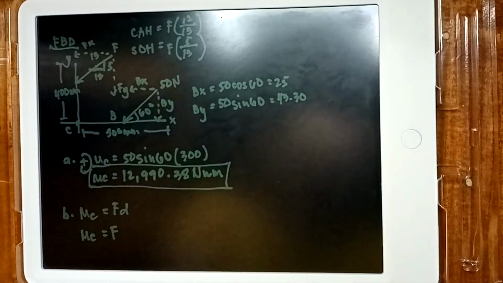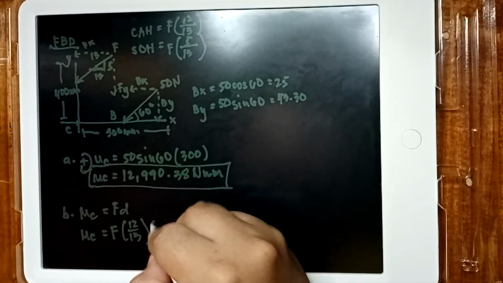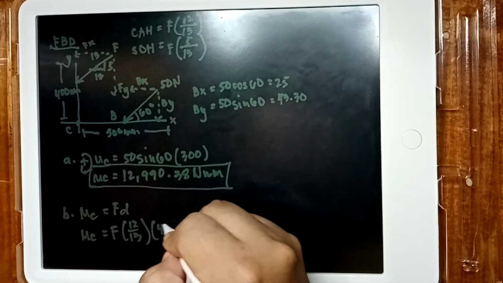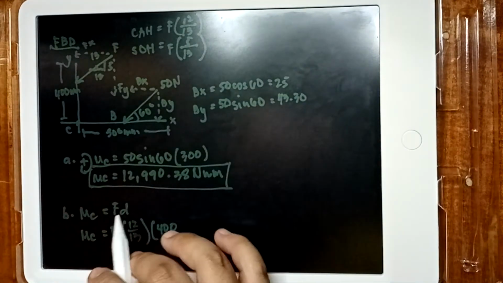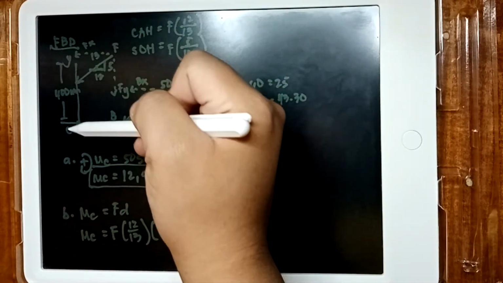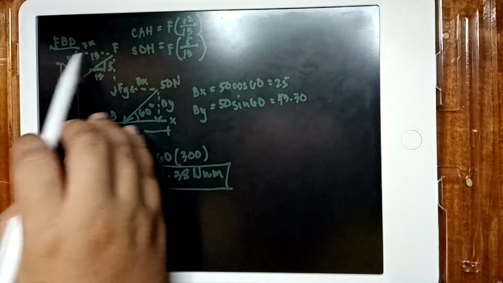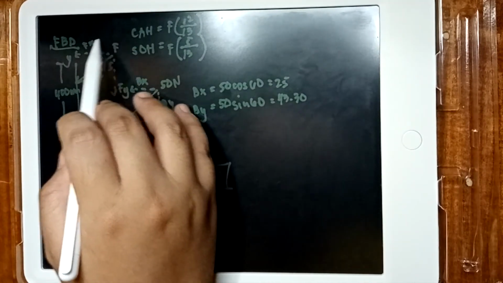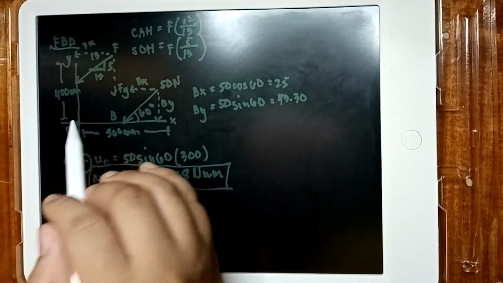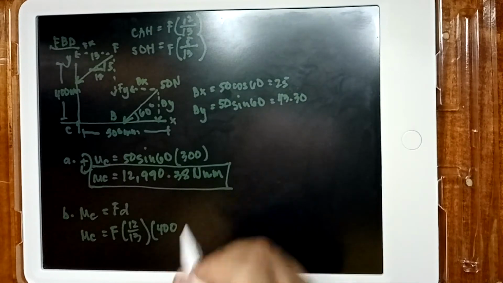So, F 12/13 times yung ating distance, which is ito. Kasi kailangan dapat perpendicular yung force tapos yung distance. Kaya siya naging 400 is kasi ito yung perpendicular sa ating force X, which is ito. So, kapag nagmo-moment tayo, dapat perpendicular lagi yung force tapos yung distance.